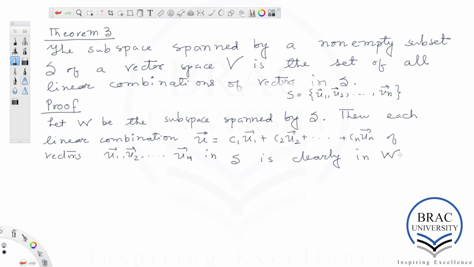Because W is the subspace spanned by this set S, so each of these vectors u1 up to un belongs to W. Now by Theorem 1, this linear combination is also in W. Good.